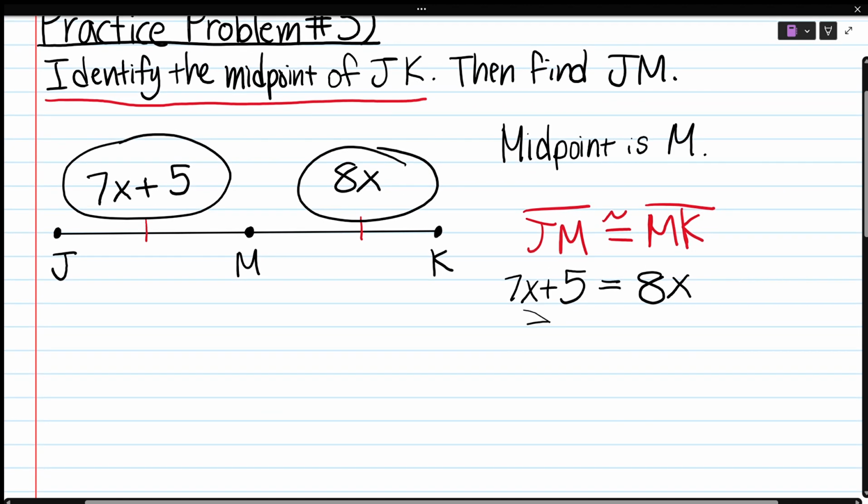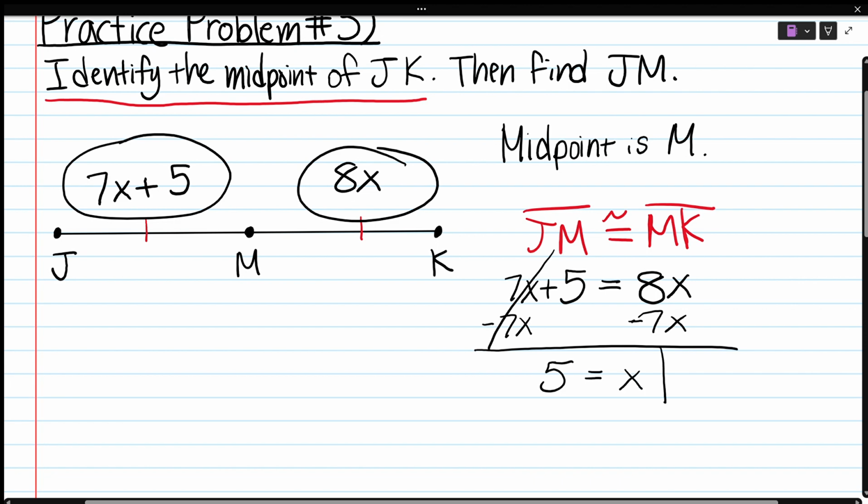We have an x on the left side right here, and we have an x on the right side. We don't need two x's here, we just need one. So I'm going to do minus 7x on both sides. 5 comes down, 8x minus 7x is just x.